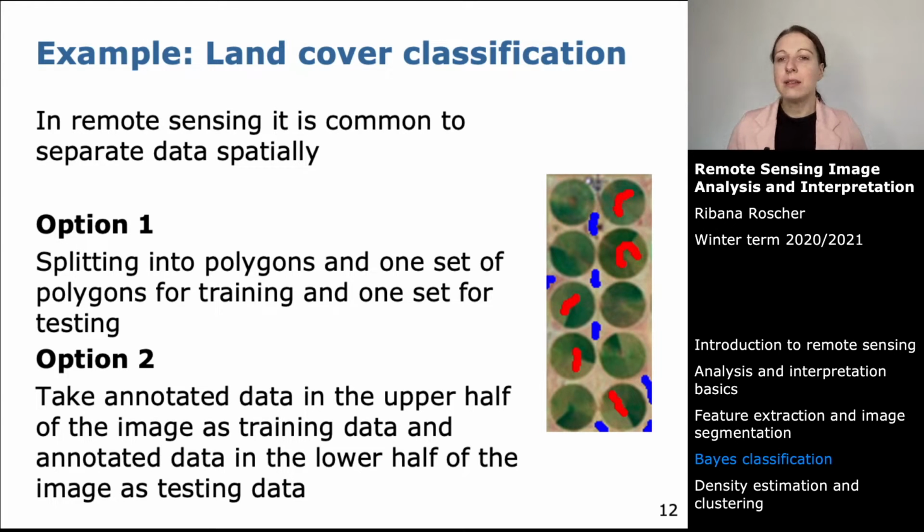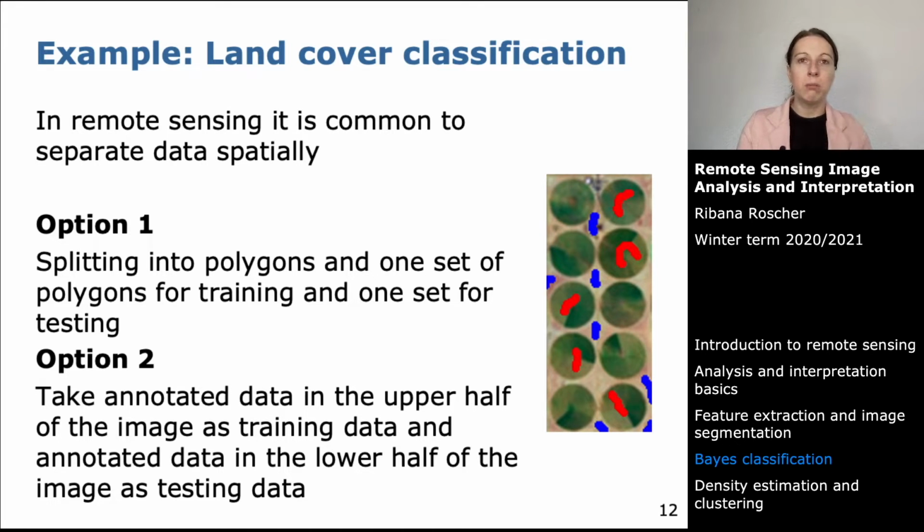Option one is that you split your data into polygons, and one set of polygons is used for training and the other one for testing. So in this image, you have these red strokes for one class and the blue for other classes. All these different areas are spatially disjoint, and they are also separated spatially.